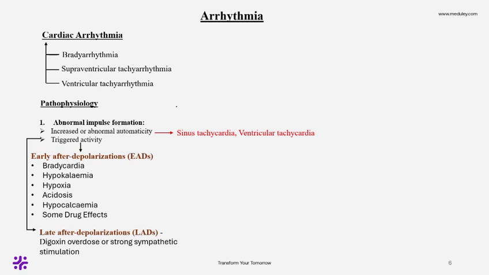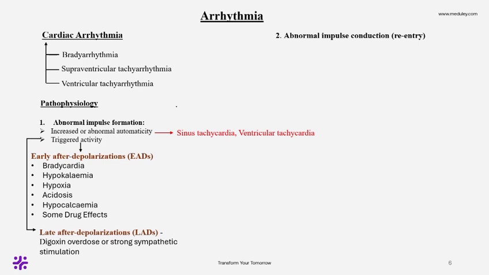Now the next is abnormal impulse conduction. So here we will see how abnormal impulse transmission occurs. Normally, the depolarizing impulse spreads quickly and evenly through the heart muscle, moving like a smooth wave spreading across.